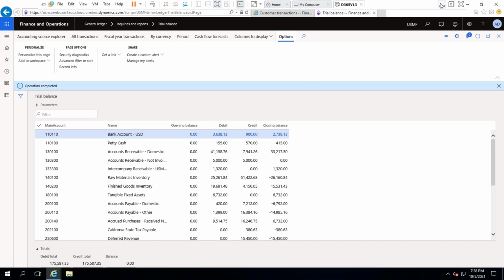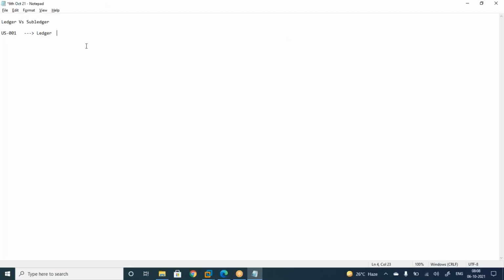For US 001, I have mapped 130 100. For US 002, I have mapped 130 200.